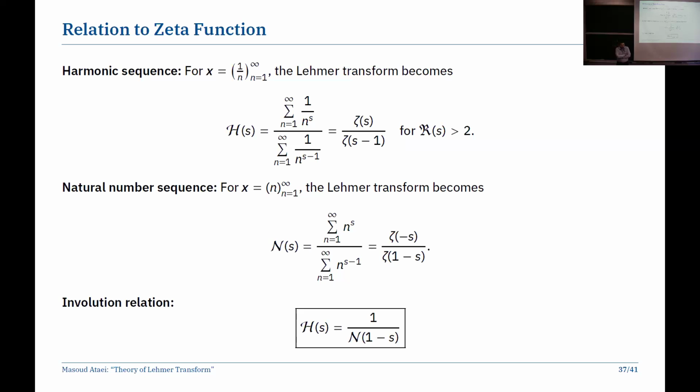And we get a very interesting identity that the Lehmer transform applied to the harmonic sequence gives us 1 divided by the Lehmer transform applied to natural numbers evaluated at 1 minus s. This is an involution relation, and it can have potential implications to analytic continuation of the zeta function.